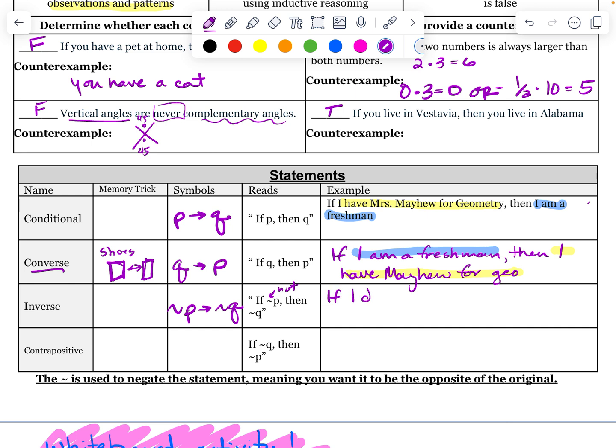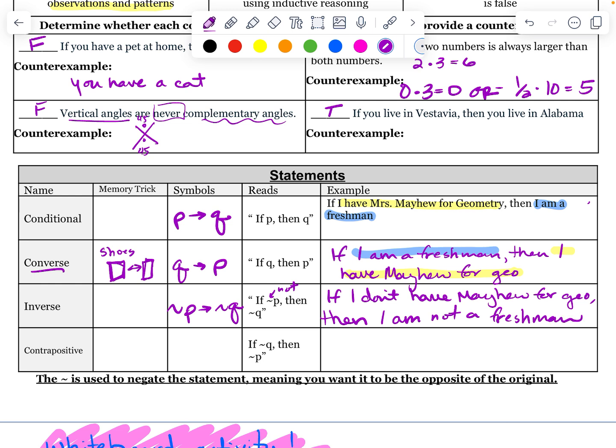If I don't have Mayhew for geometry, then, so what the original one said is I am a freshman. So this is, we're going to not, then I am not a freshman. Again, we could come up with counterexamples.